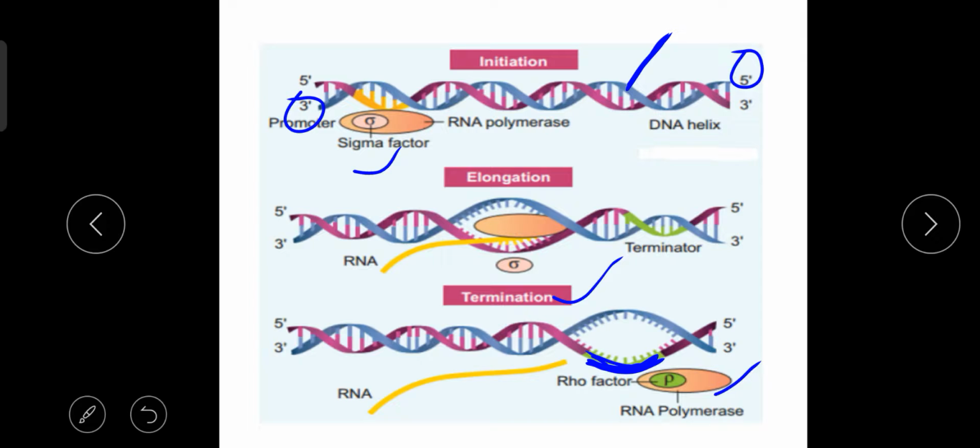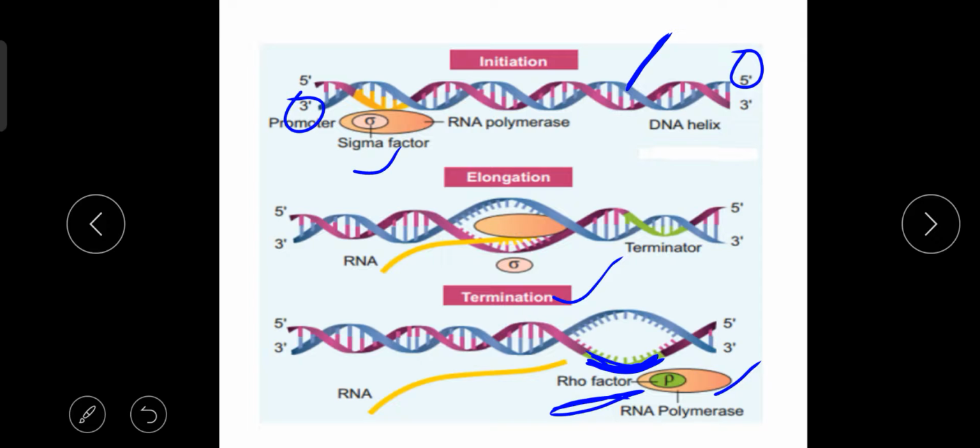And remember, during the termination process, the rho factor binds with the RNA polymerase, and this way it helps in the termination of the transcription process in prokaryotes.